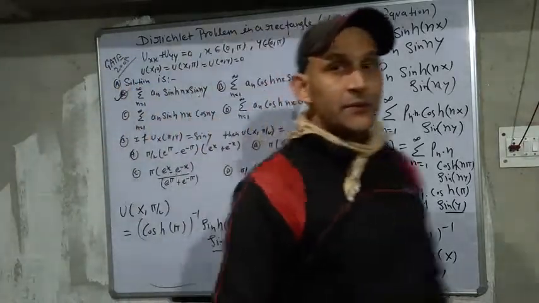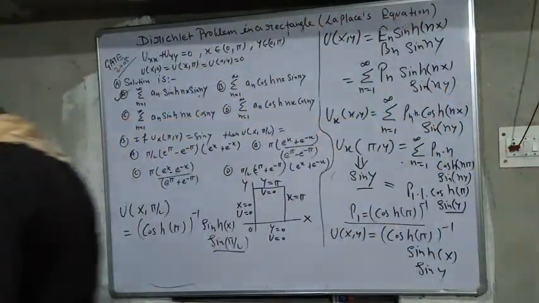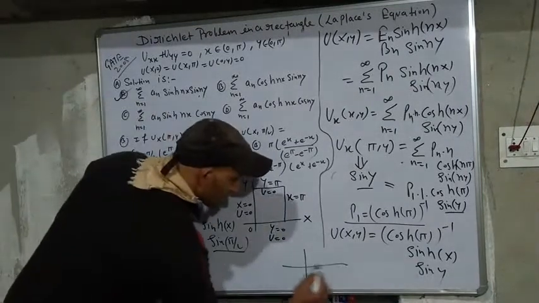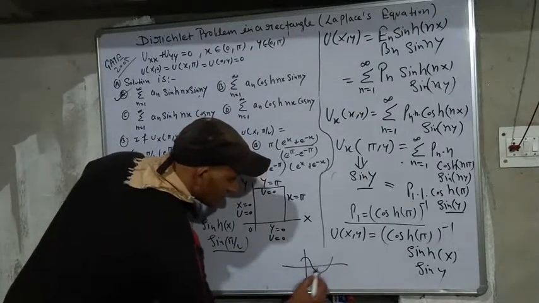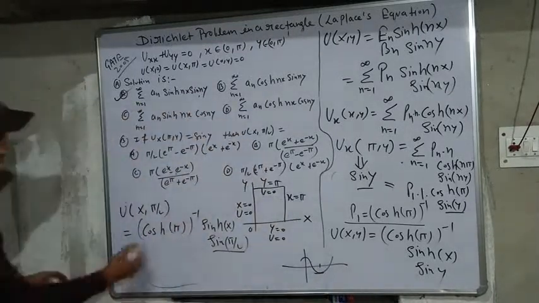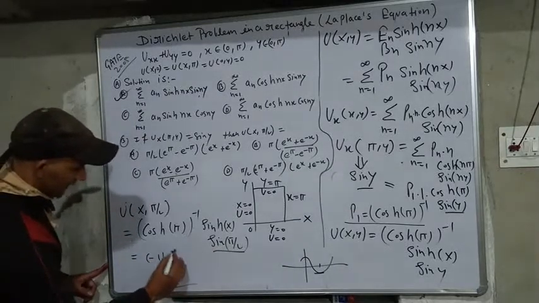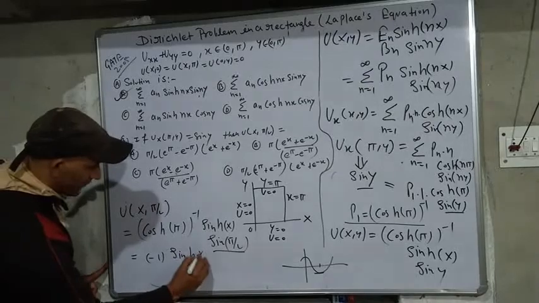That is minus 1. You must know cos hyperbolic pi is equal to minus 1. You can also see here cos 0 is equal to 1, cos pi is equal to minus 1. Both are the same. So you are getting minus 1, this is 1, and sine hyperbolic x.